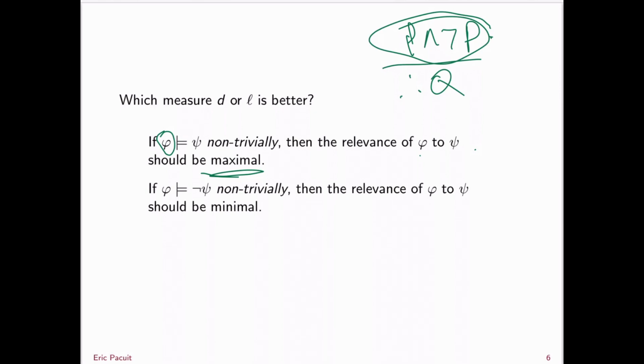Similarly, if the argument with premise phi and conclusion not psi is non-trivially deductively valid, then the relevance of phi to psi should be minimal, because phi implies the negation of psi. So phi should definitely not be positively relevant to psi. It should be maximally negatively relevant to psi.